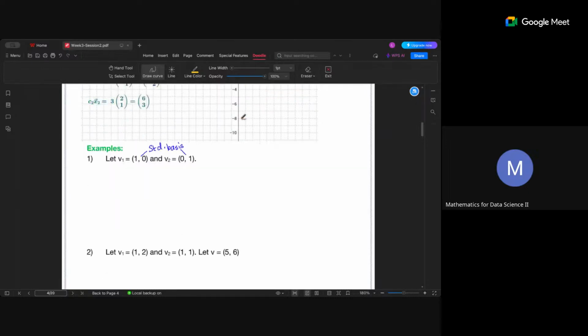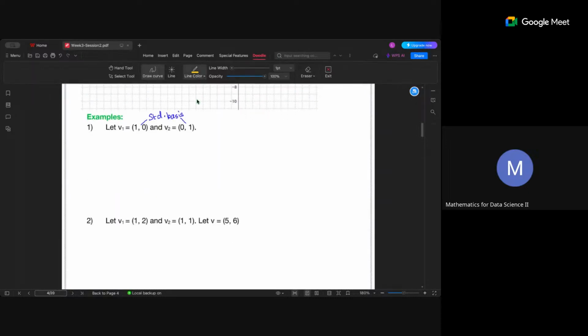Now what is the significance of these vectors? Let us take any vector, for example, (-2, 3). Is it possible to write this vector (-2, 3) as a linear combination of v1 and v2?